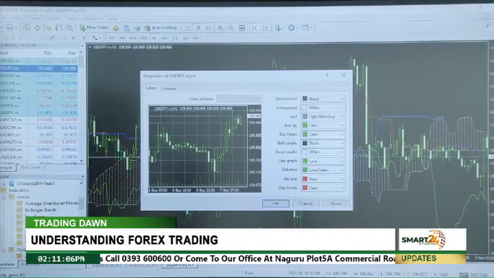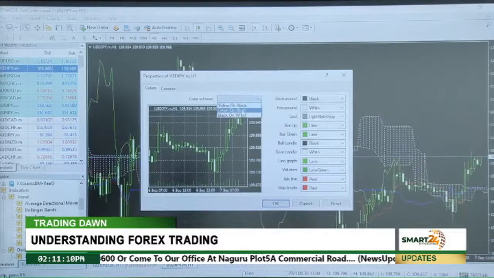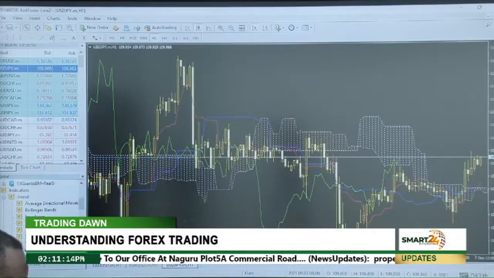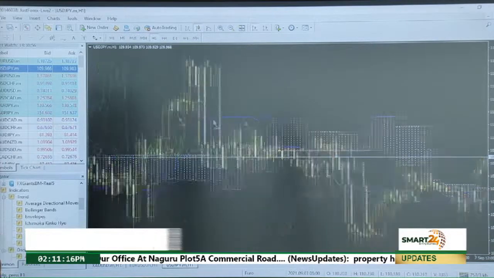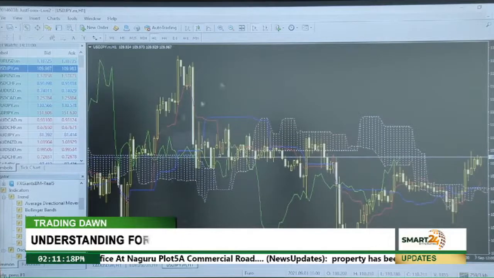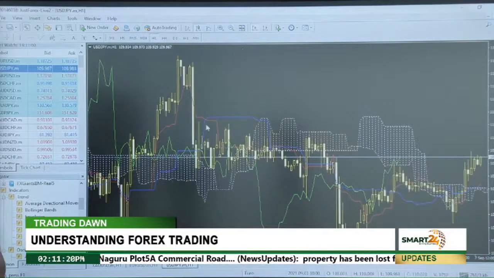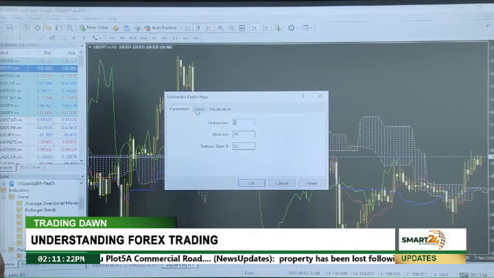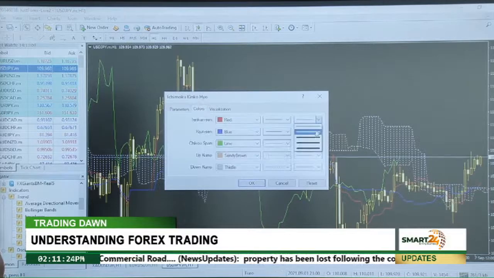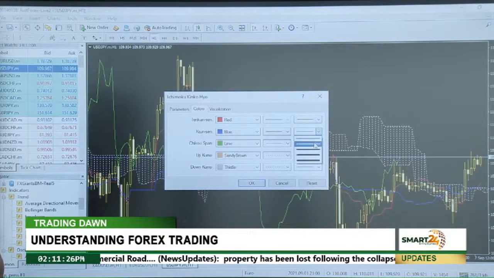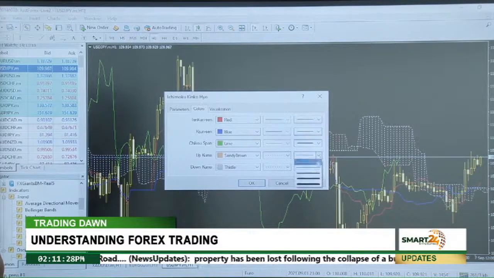So I'm going to change the color of these candlesticks so that they are different from this. I'm going to put them in yellow. I don't want the colors to clash with the green line in the Ichimoku. Maybe let me see if I can make them a little bit thicker than they are. They are so narrow.